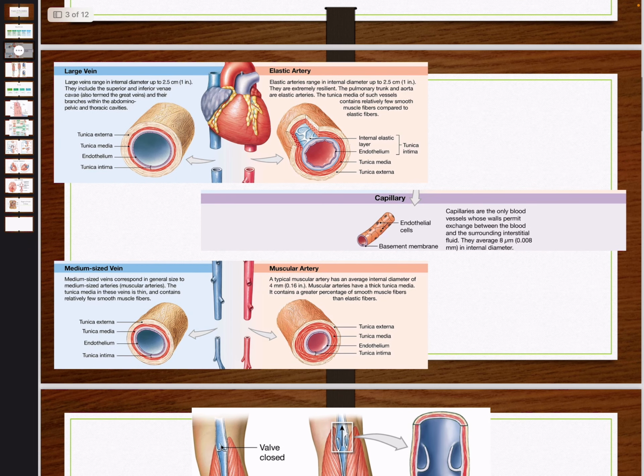All right, when we look at our different veins and arteries and our capillaries, they're going to have very different structures. We see that large veins and small-sized veins have the same layers. But when we switch over to the arteries, we see that an elastic artery is slightly different.